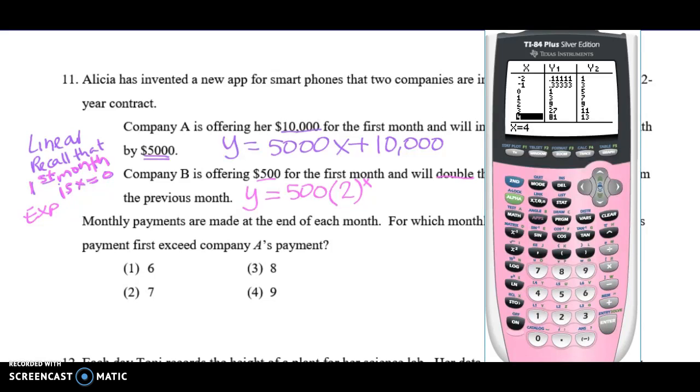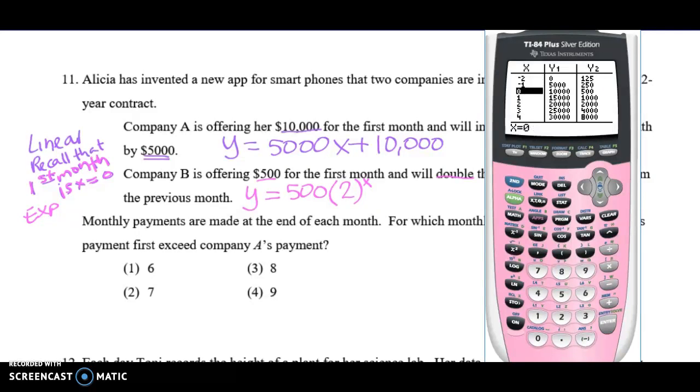Coming to my y equals, I want to know when company B first exceeds company A. So we're going to be looking at our y1 and y2 columns to see when y2 gets bigger than y1. Checking my table.